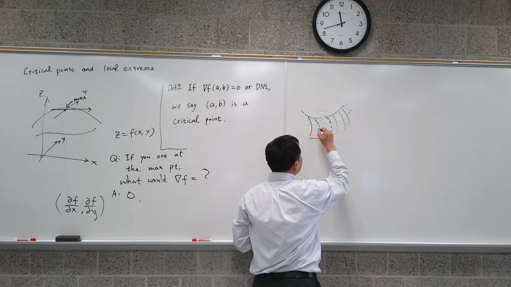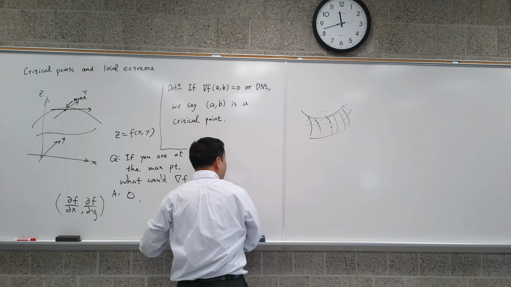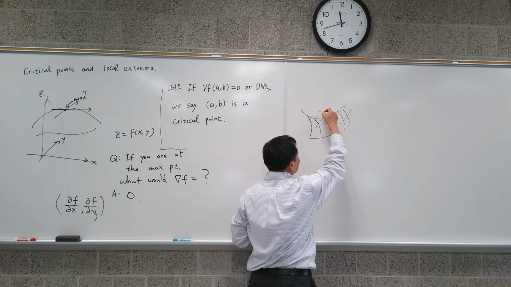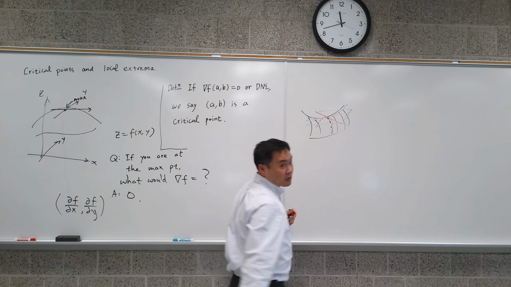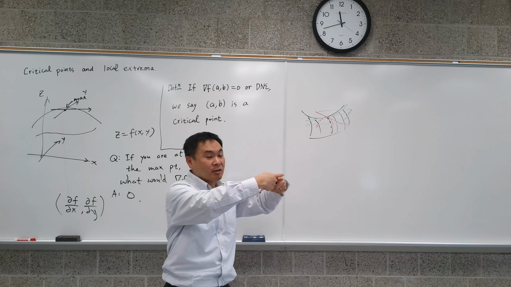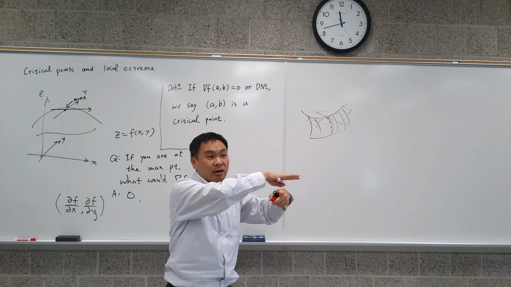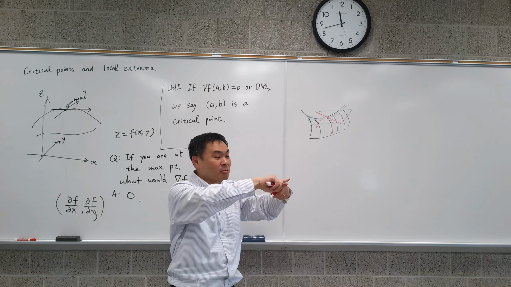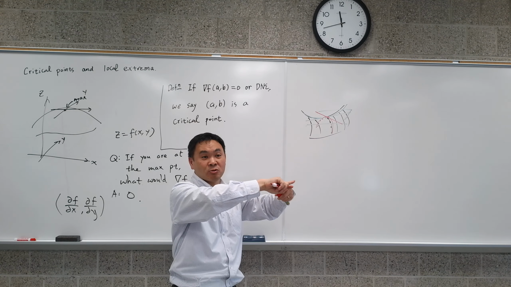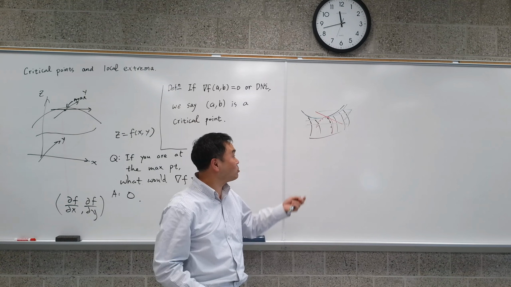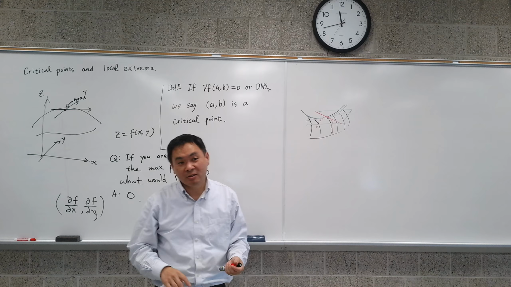And if you only think about this other direction right here, you do have a tangent line like that, and those two tangent lines can span an entire plane, right? If you can think of a plane that contains those two tangent lines, that will be considered a tangent plane to this surface at that point.